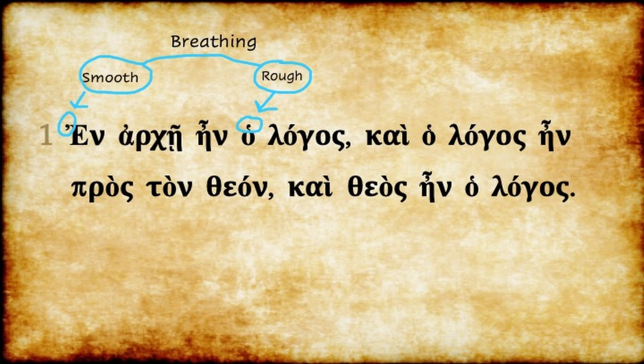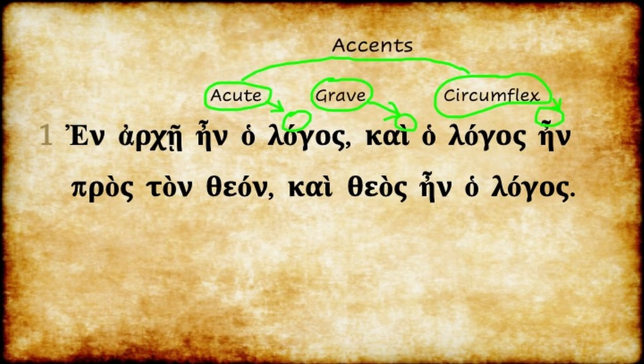The Greek language has 3 types of accents. Accent is the stress which we place on a certain syllable in a word, like we say student, not student. Acute accent, the line goes up and normally the voice goes up.